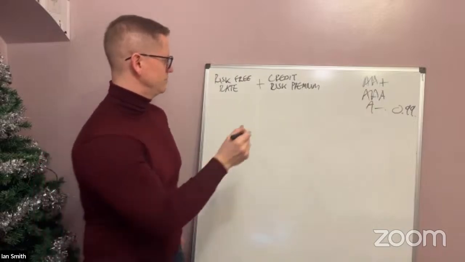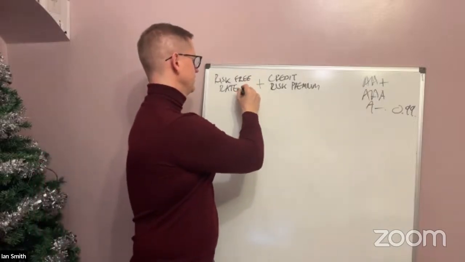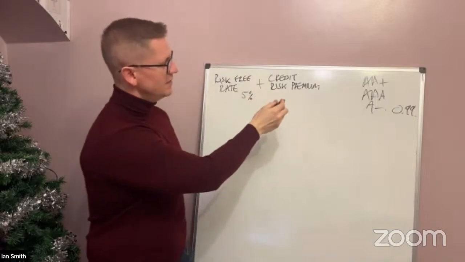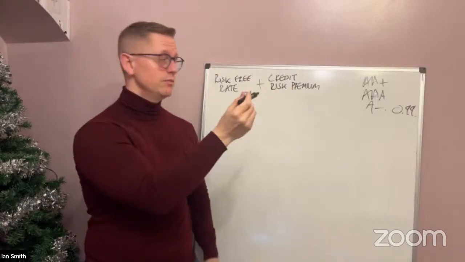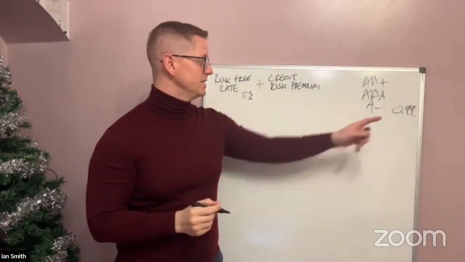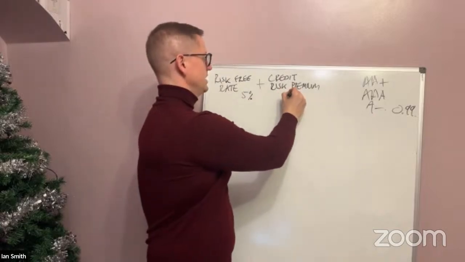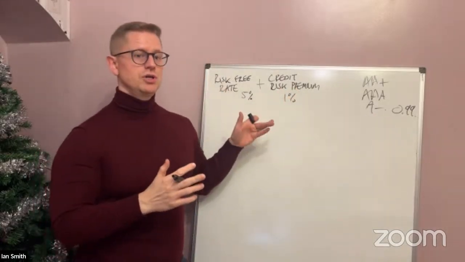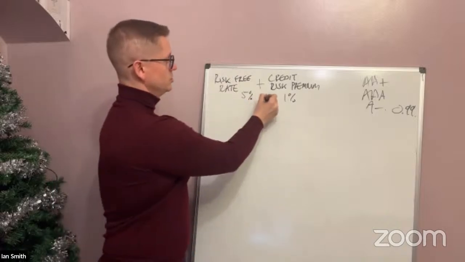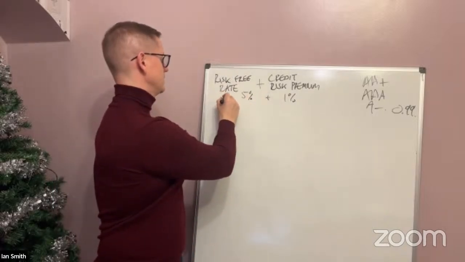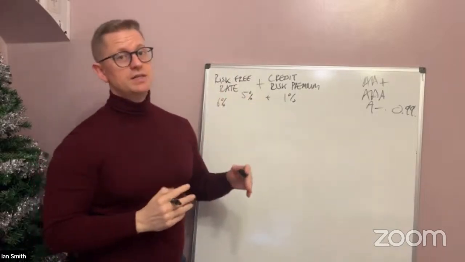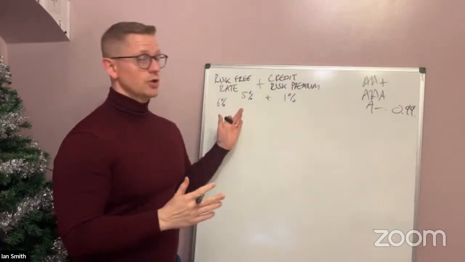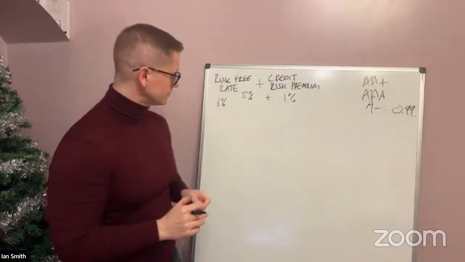I think it's like 5%, something like that, for the risk-free rate, which is quite high. And then the credit risk premium for a specific business, A minus, is 1%. So that will give you a cost of debt of a total of 6% to factor into this calculation of weighted average cost of capital on the cost of debt side.